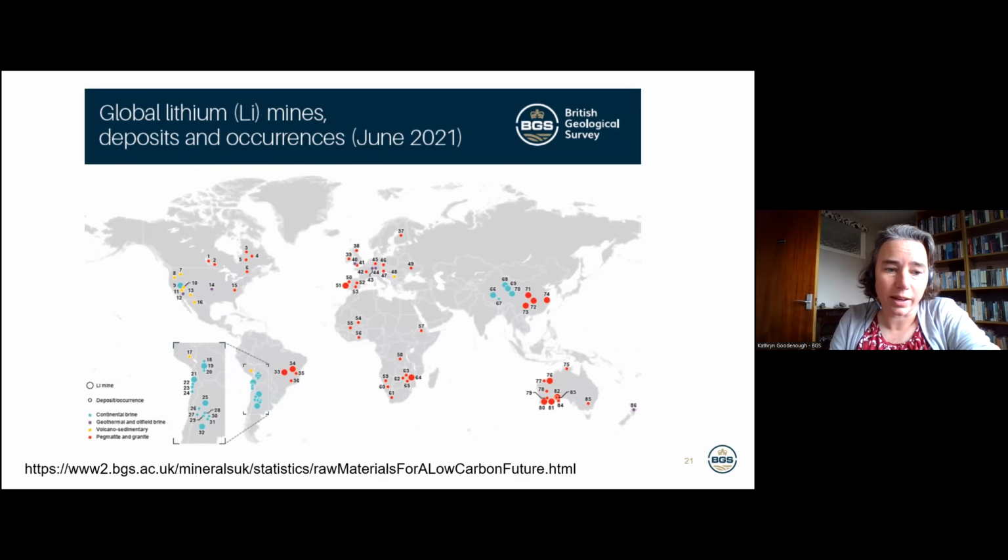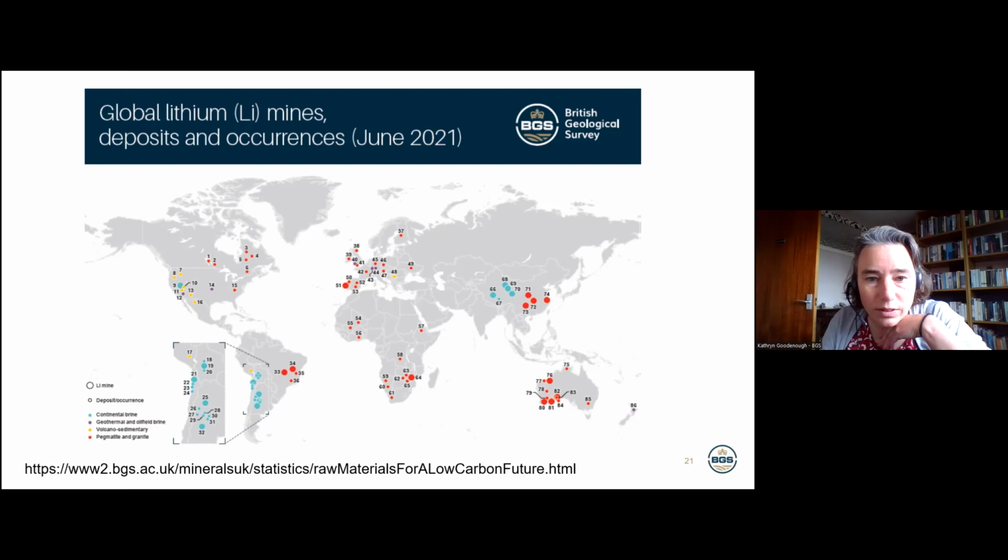The pale blue and yellow are brine and clay deposits, and the reds are pegmatites and granites, so solid rock deposits. I'll talk more about that in a moment. But here's the really interesting point, I think. You can see that all across Europe, there's plenty of known lithium deposits, and indeed we are missing several from this map.